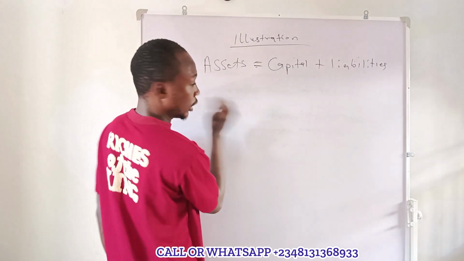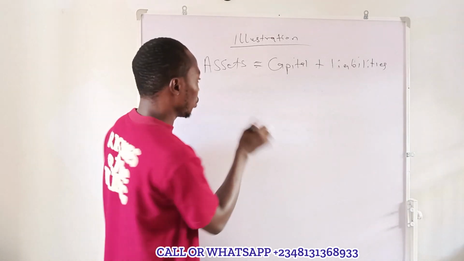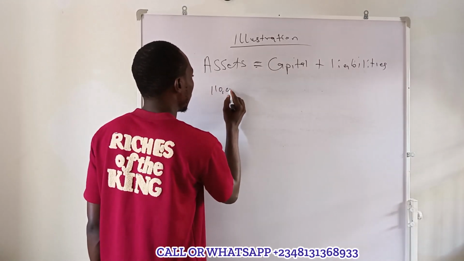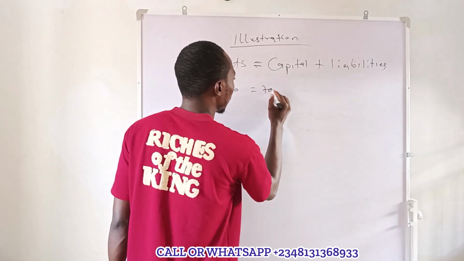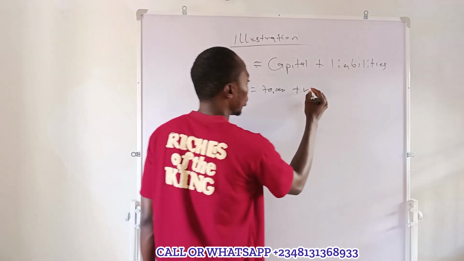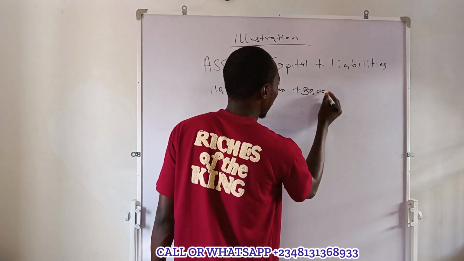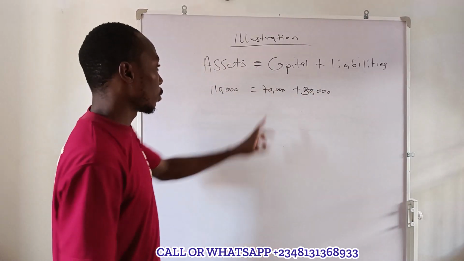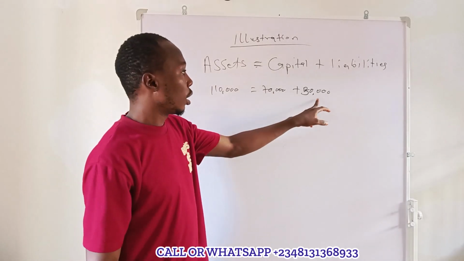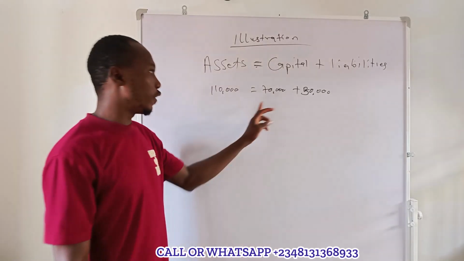In the first case it was undervalued. So let's say this 110,000 equal to 70,000 plus 30,000. So 70,000 for our capital, 30,000 for the liability, which will give us 100,000.